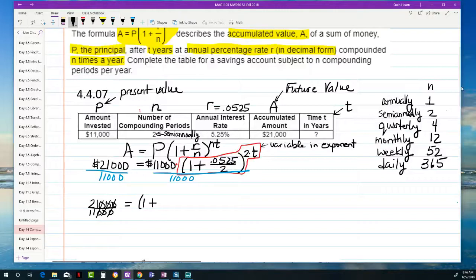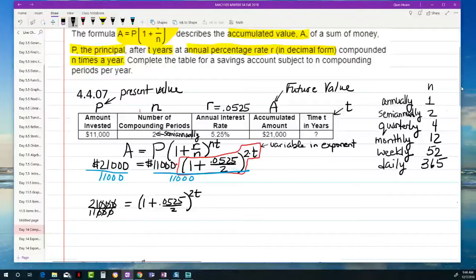Equals 1 plus 0.0525 over 2 to the 2t. Okay, now another thing I like to do, and this is totally optional, is I don't like to leave the base of this exponential expression as a sum.